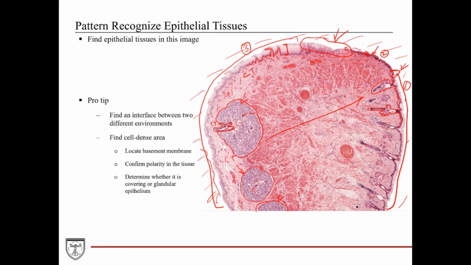Here's one too, here's another, and so on and so forth. So I would assume that these are also glandular epithelia. And lastly, I'm seeing these circular structures with red things on the inside. So this could be one environment. Outside could be another environment with connective tissue, which means that there could be another epithelial tissue there as well.